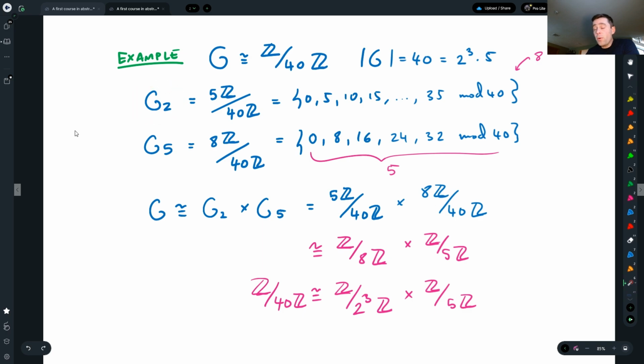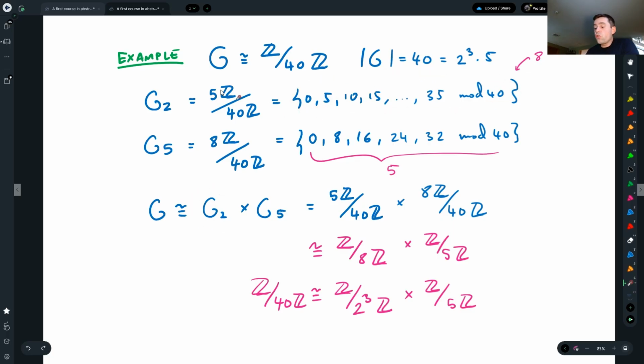The 2-primary component is a subgroup, and I know that every subgroup of Z modulo 40 has to be cyclic, so it has to be cyclic generated by 5. The cyclic group generated by 5 has 8 elements, and I also know that the group is isomorphic to the product of the p-primary components, so this primary component has to have order 8.